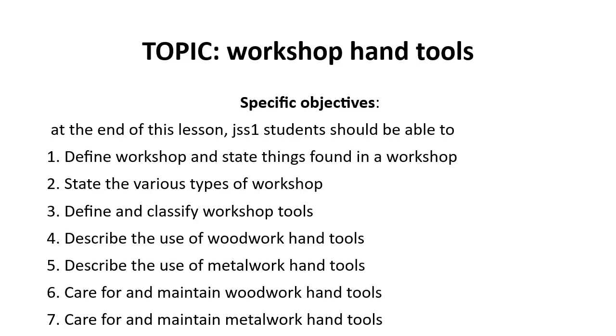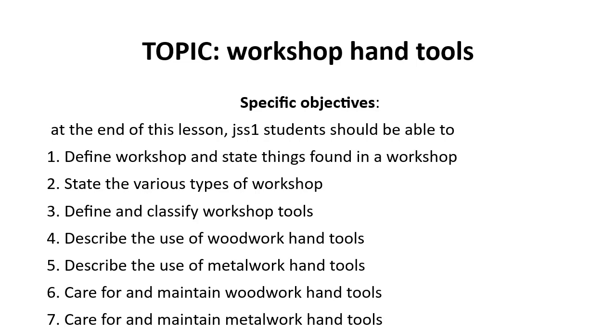For a faster consumption, I'll run through the specific objectives again. 1. Define workshop and state things found in a workshop. 2. The student should be able to state the various types of workshop. 3. The student should be able to define and classify workshop tools. 4.